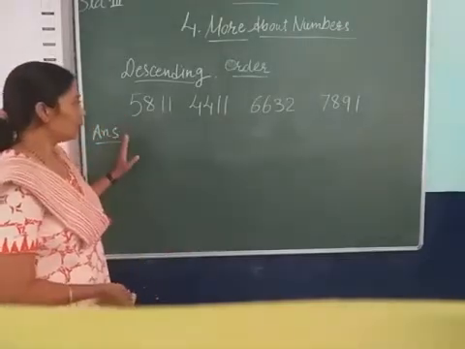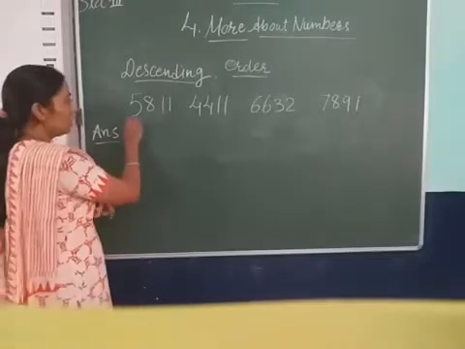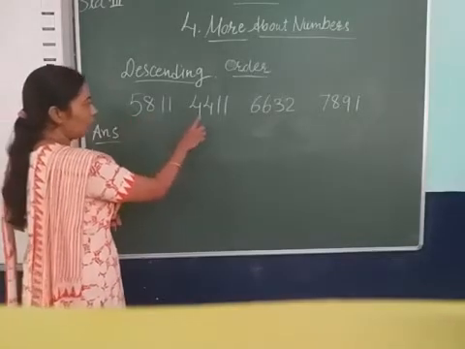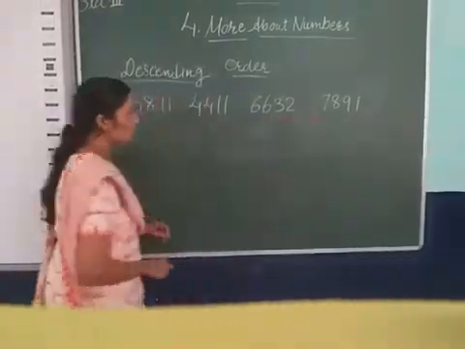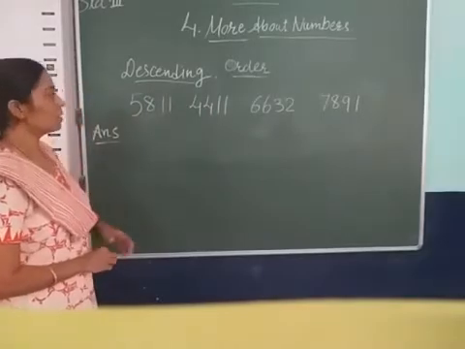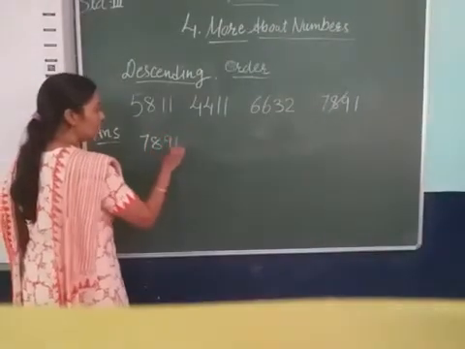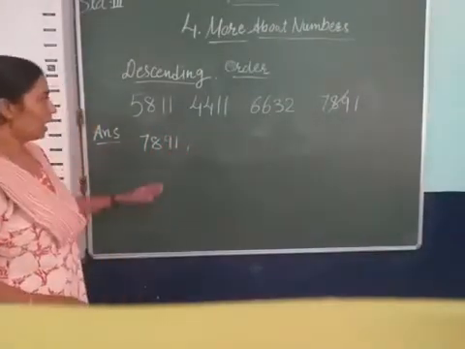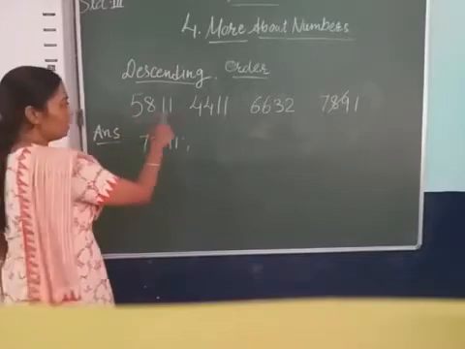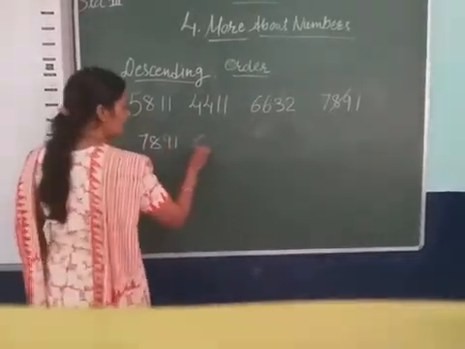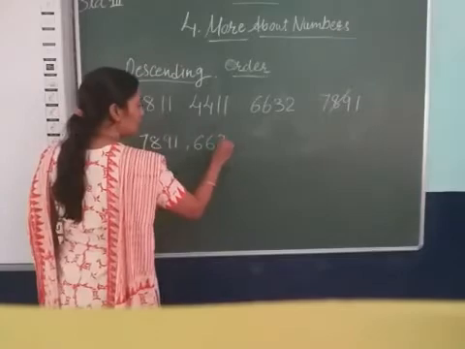For the descending order, let me see from the left side, the thousand place: 5, 4, 6, 7. Which is the greatest number? 7. So we cut here and write the answer 7, 8, 9, 1. Put a comma, and now next is 5, 4, 6. 6 is the greater: 6, 6, 3, 2.